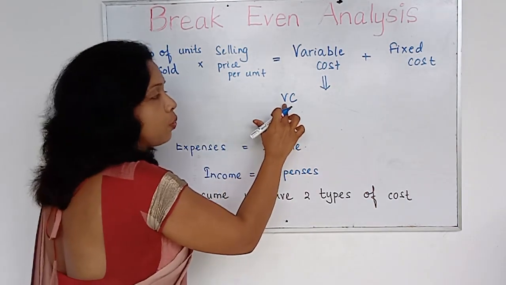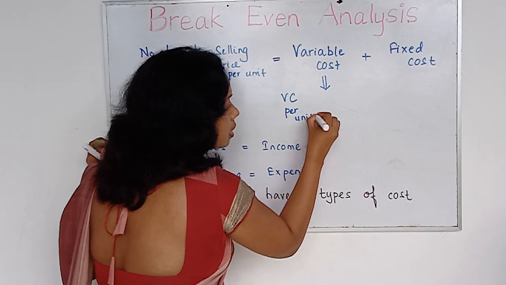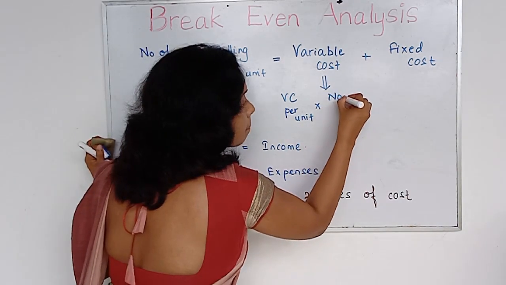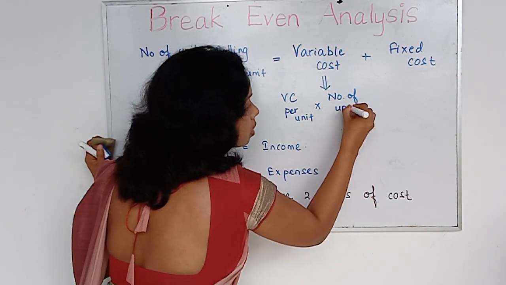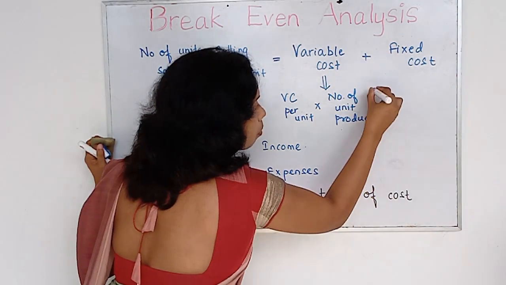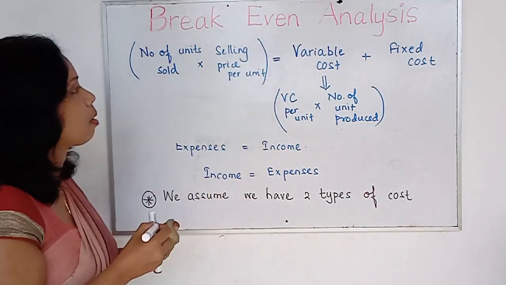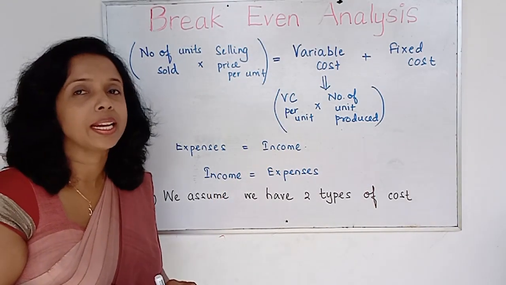Hereafter I am going to use VC for variable cost per unit, times the number of units produced. Here, the number of units sold times the selling price per unit, right?